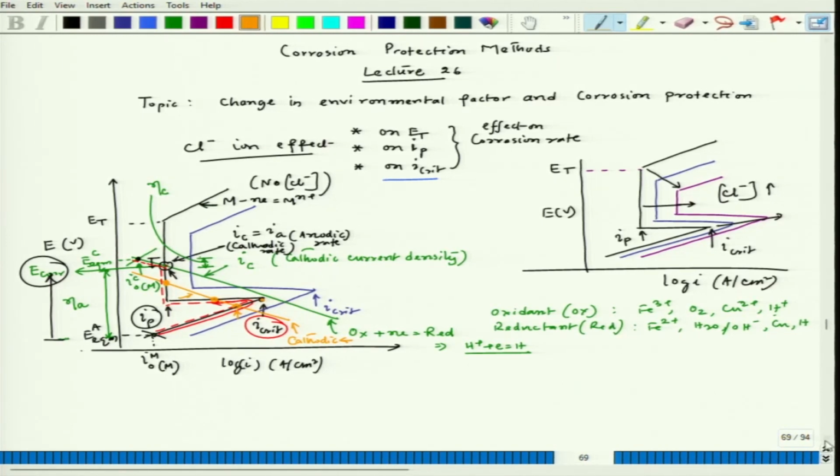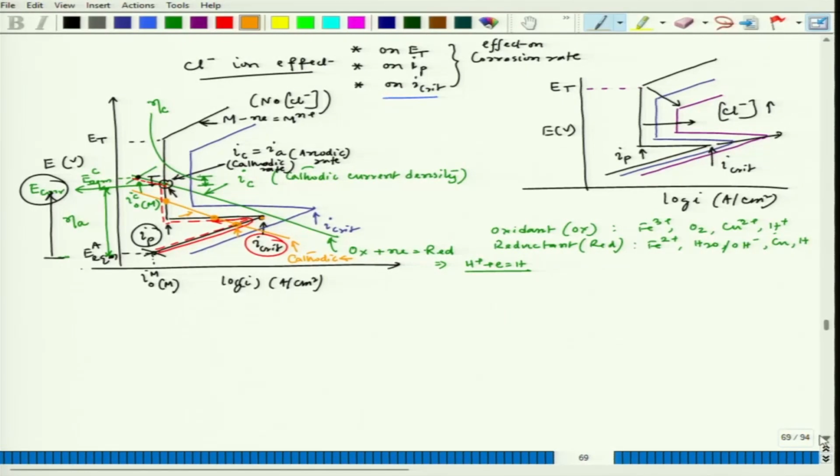So, what will be the polarization response if you want to do a dynamic polarization? In case of this E corr as well as I corr, the typical plot pattern would be like this.